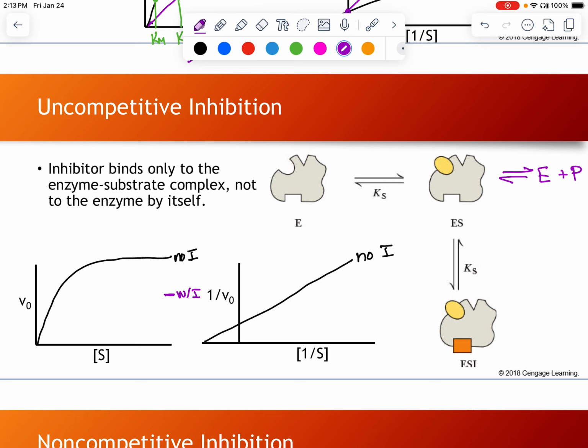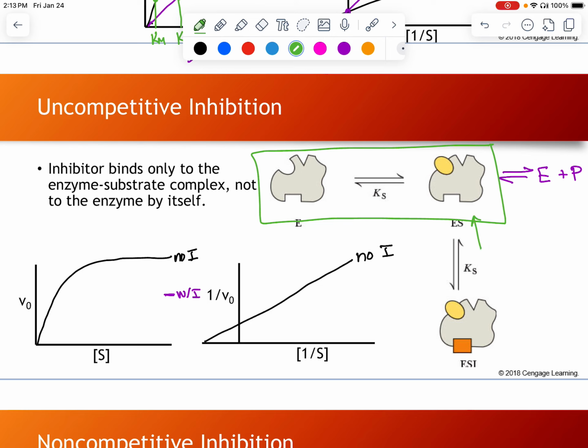Now let's think about the Km. Km is a measure of the affinity of the enzyme for the substrate. But I want you to stop and think about Le Chatelier's principle. If we have this equilibrium, and then some of this enzyme substrate gets pulled, right?